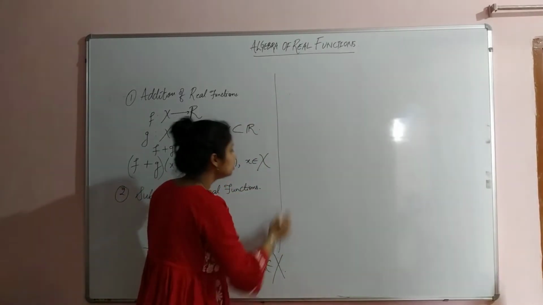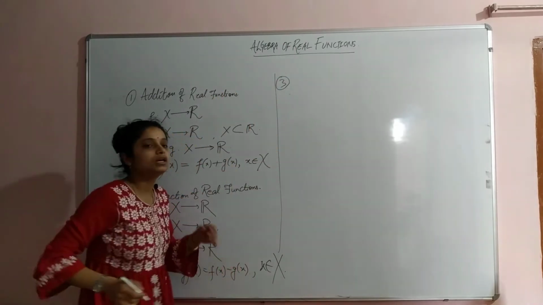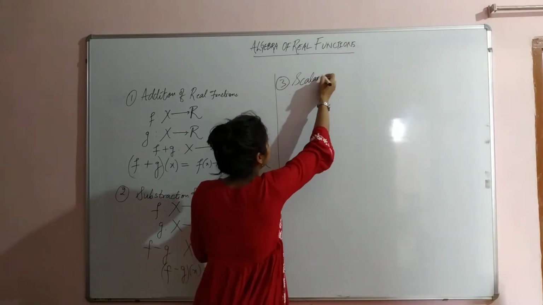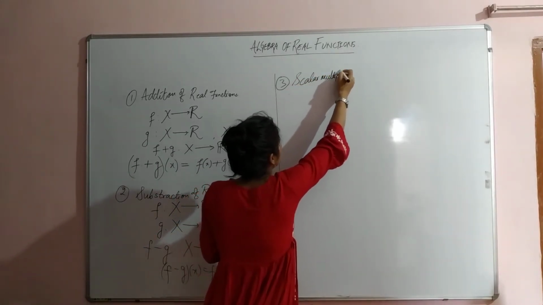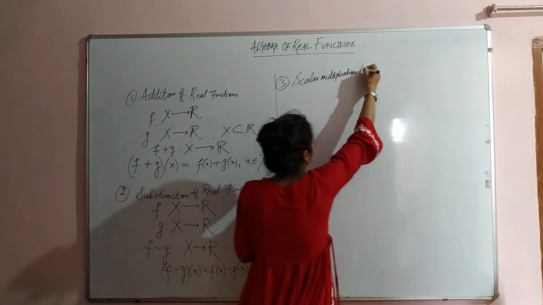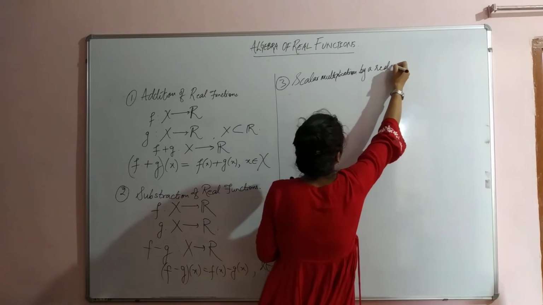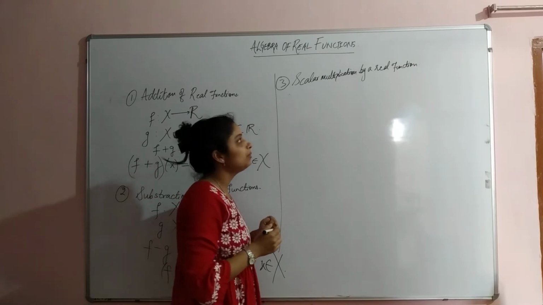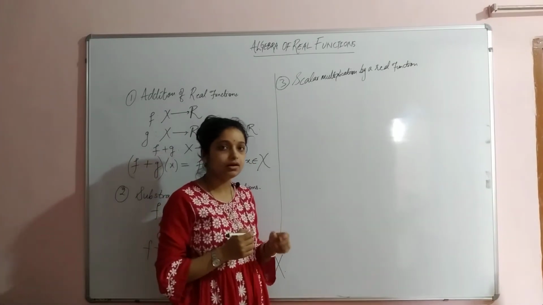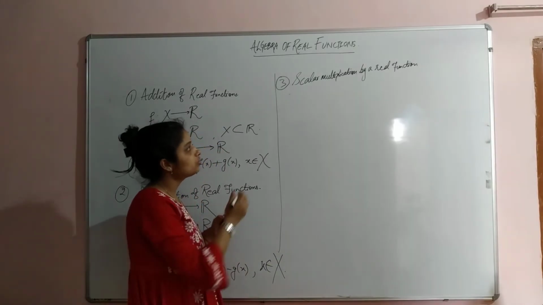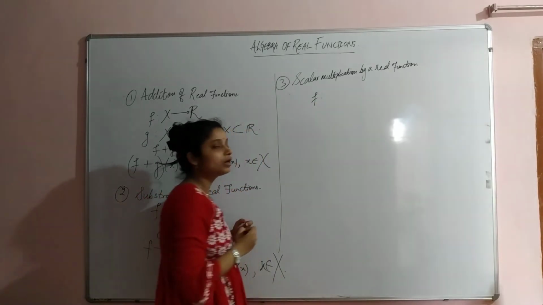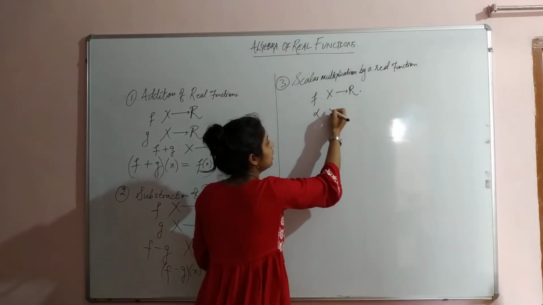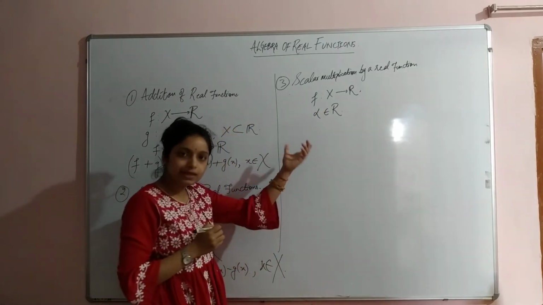Now the third operation on real functions is scalar multiplication. If we are multiplying a real function by any scalar, how can we apply the operation? Suppose we have a real function f from X to R, and alpha is any scalar, any real number.